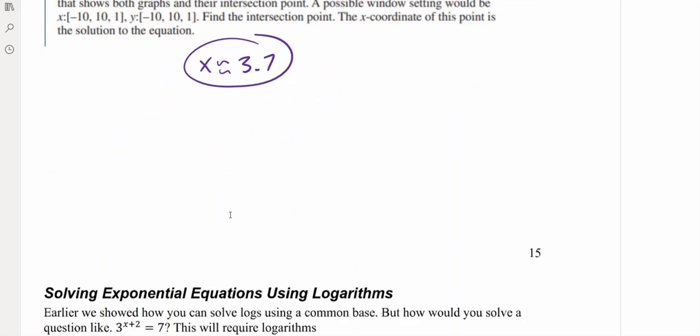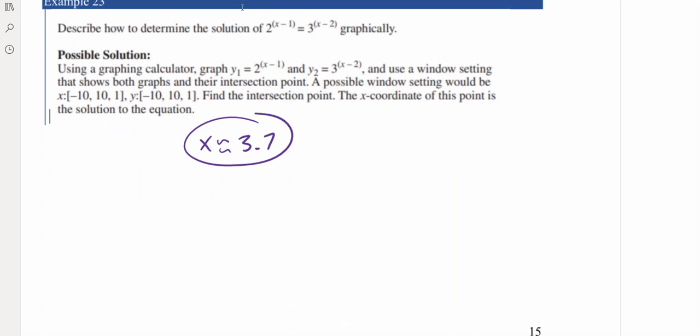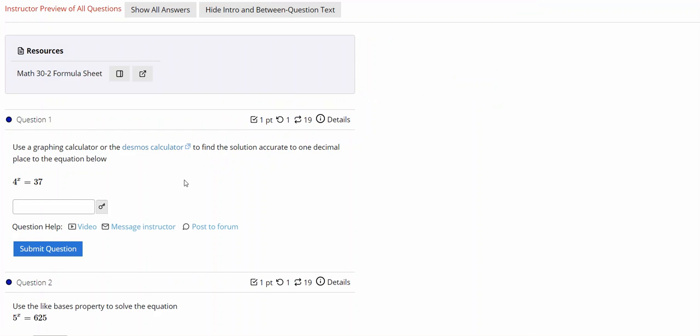Okay. All right. So here, let's jump into some of the homework questions. Okay. So this one says, using a graphing calculator or the Desmos calculator, find the solution accurate to 1 decimal place to the equation below. So just one thing with the Desmos calculator, it is great. Actually, I really like the calculator.